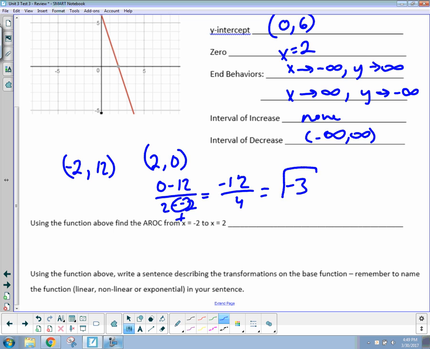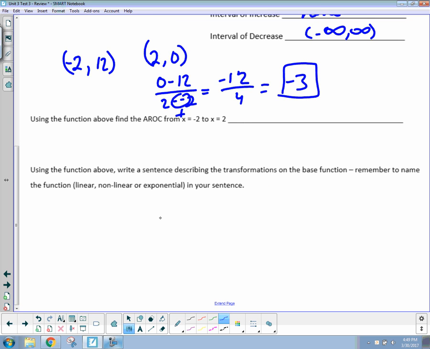Alright, and again, writing a sentence. So I'm going to get my keyboard back in front of me. So again, this is really big font.